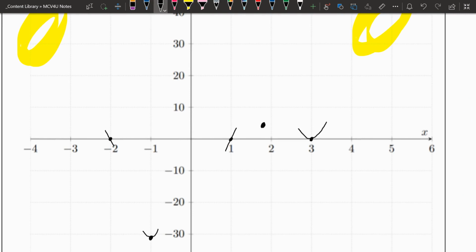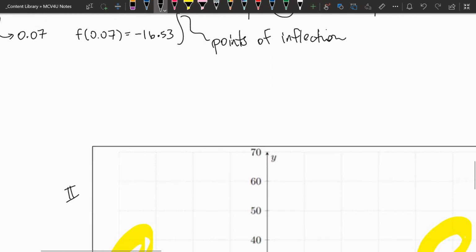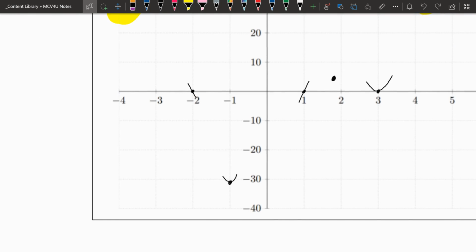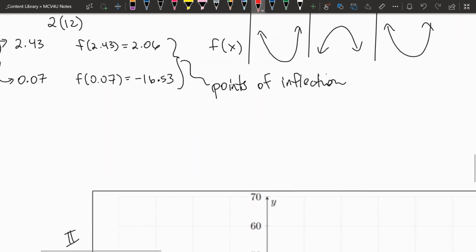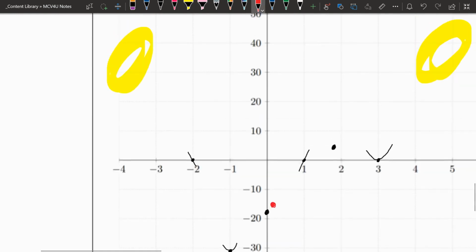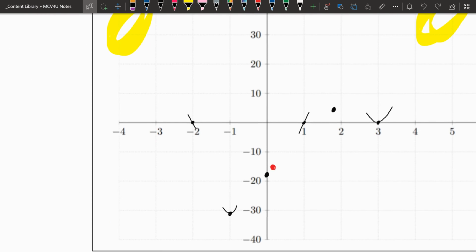And then we have the points of inflection. What do we say? 0.07 and 2.43. And don't forget the y-intercept is at minus 18. So somewhere around here. The point of inflection is at 0.07 and minus 16, so maybe somewhere around here. And the other point of inflection is 2.43, 2.06.